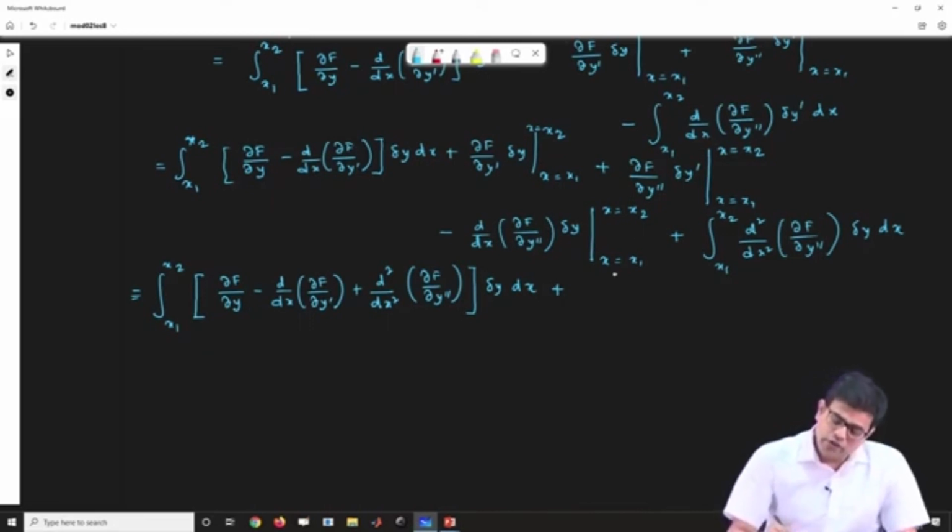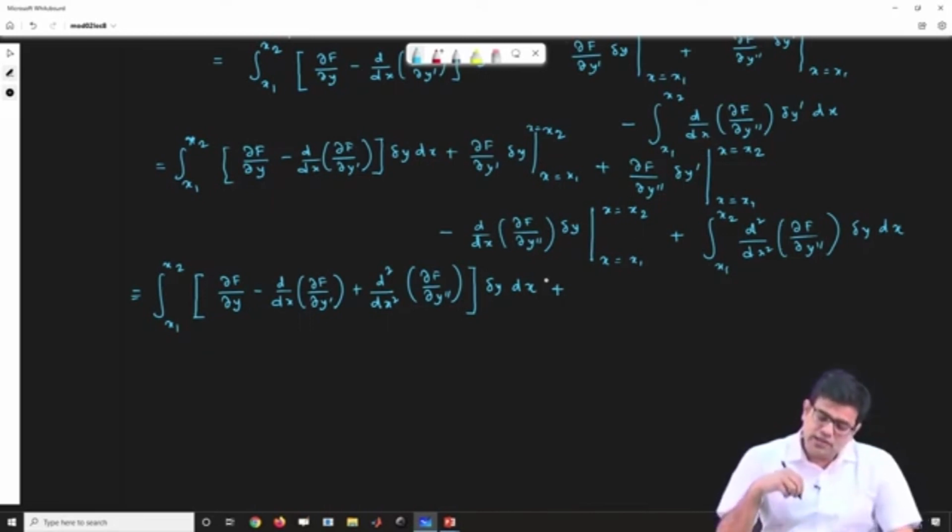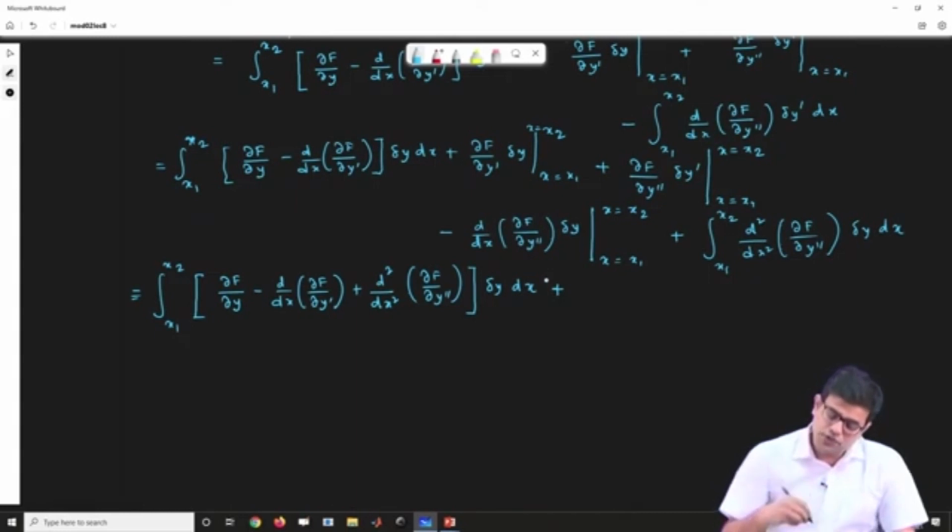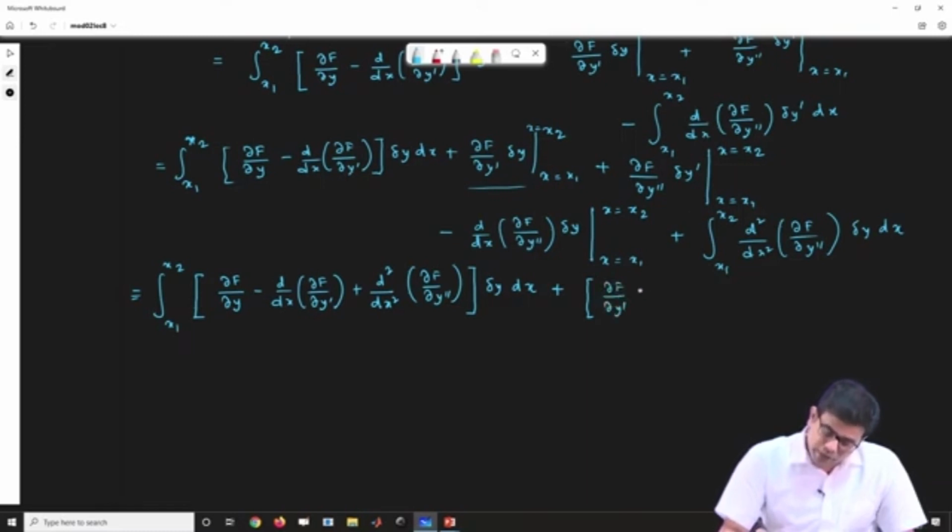Now, I will also take the boundary terms together. So, these are boundary terms which we can take together. That is, ∂f/∂y' minus d/dx of ∂f/∂y'' into δy.